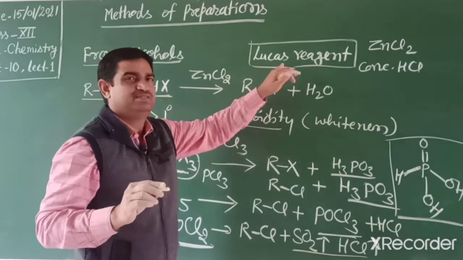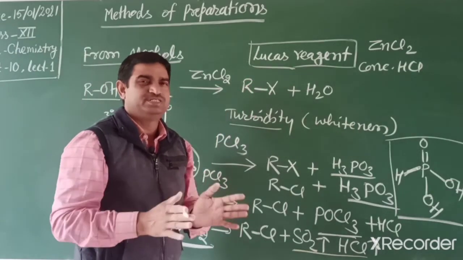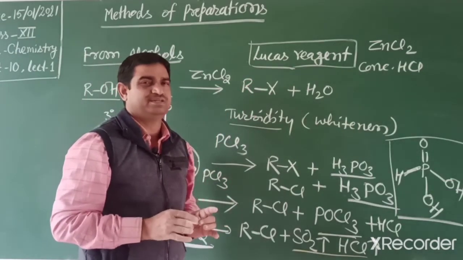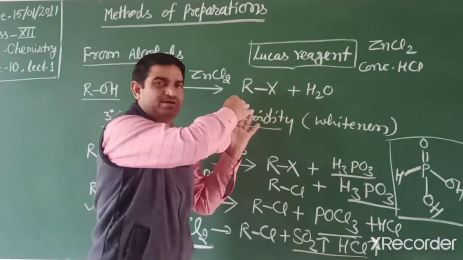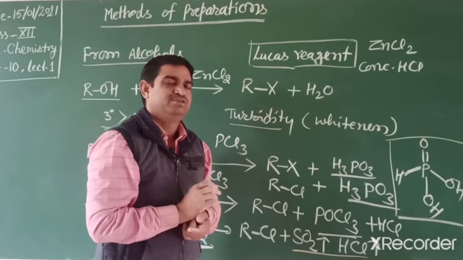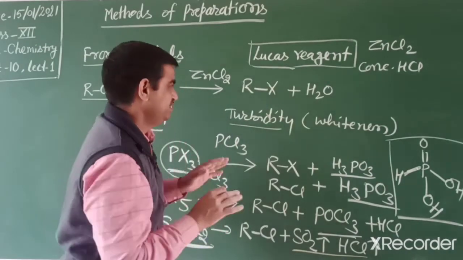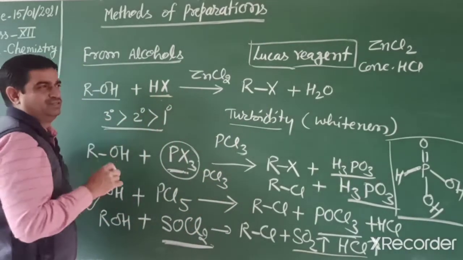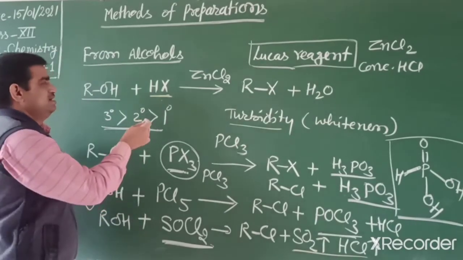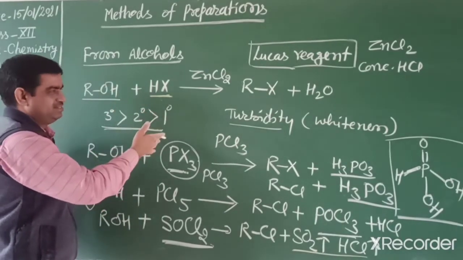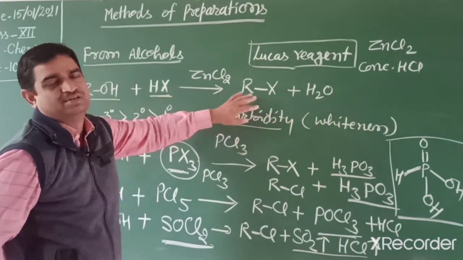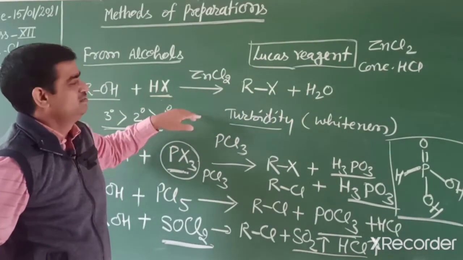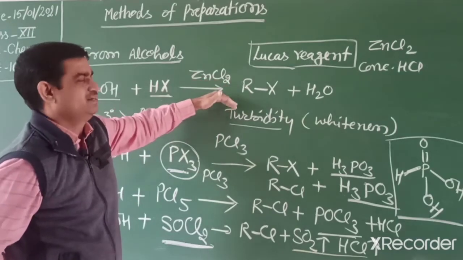This reagent is used to distinguish primary, secondary and tertiary alcohols. With tertiary alcohol, this reaction occurs very fast. Why? Because in tertiary alcohol a 3 degree carbocation forms, which is more stable, and in secondary it is slightly less stable. So in secondary the reaction takes 5 minutes, and for primary it occurs after heating.